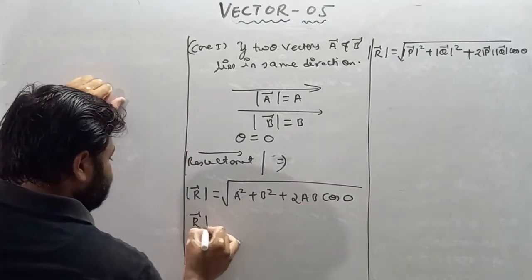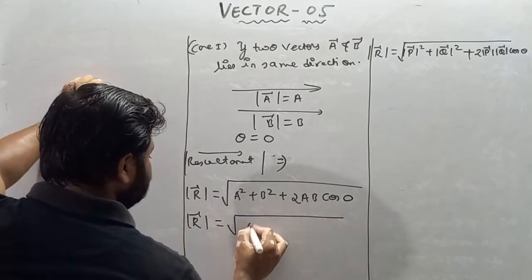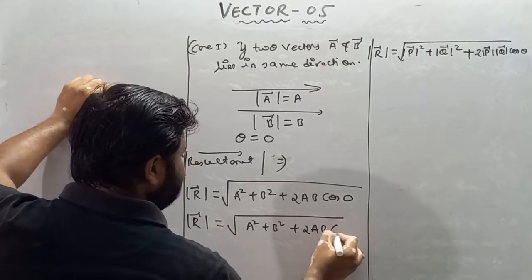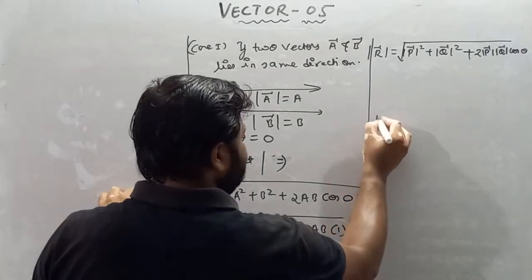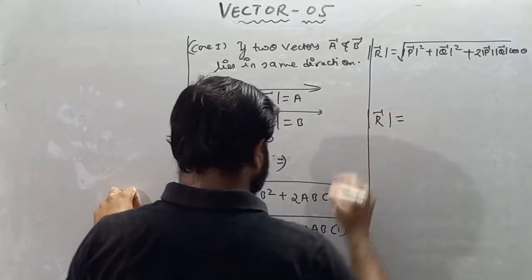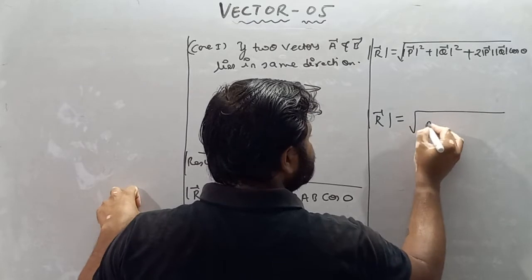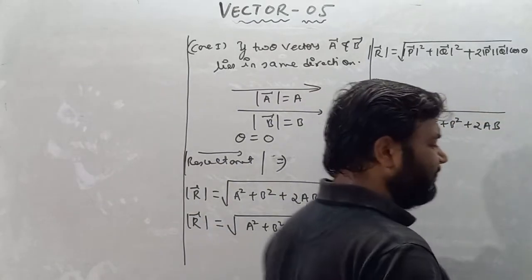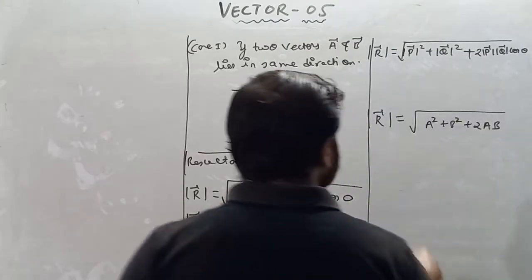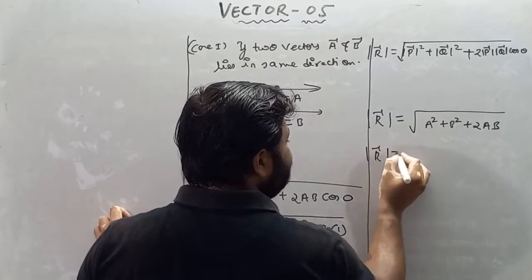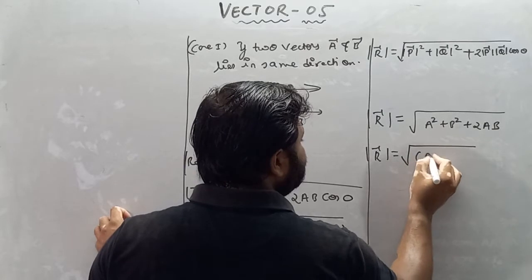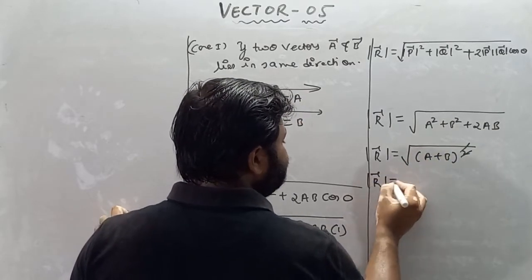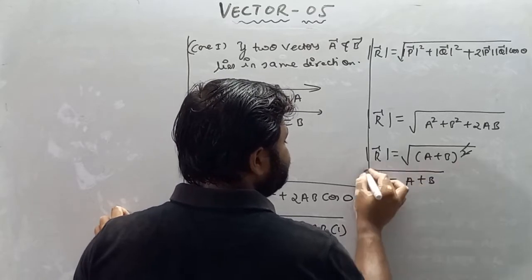So magnitude of R vector is equal to under root A square plus B square plus 2AB, as cos 0 is 1. It becomes the formula of A plus B whole square. So resultant vector magnitude is equal to under root of A plus B whole square, and the square root gets cancelled. So resultant vector is equal to A plus B.